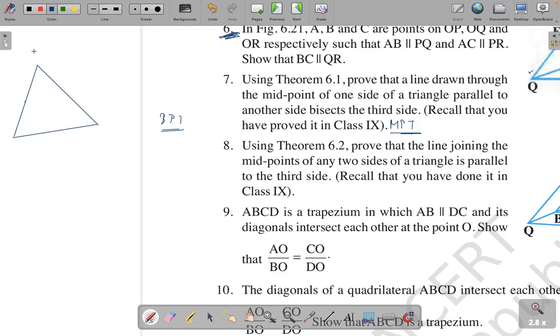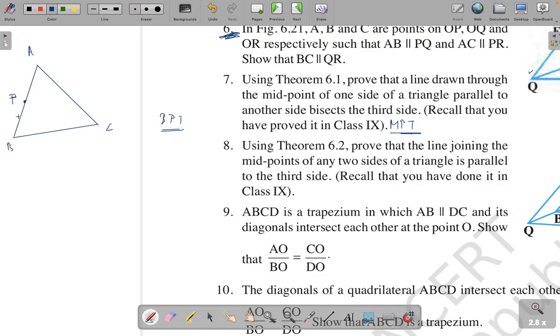So say this is ABC. Let P be a point on this triangle, which is the midpoint of AB. It is already given. Prove that a line drawn through the midpoint of one side of triangle parallel to another side.